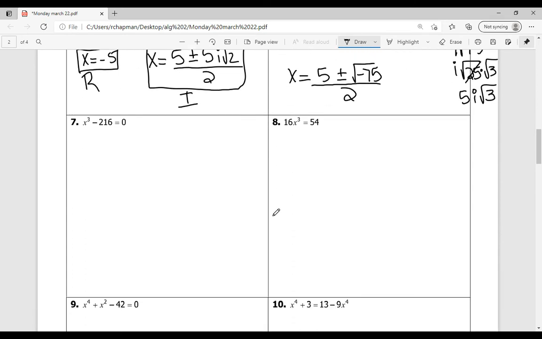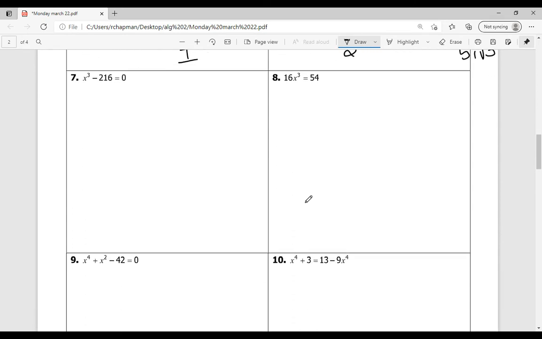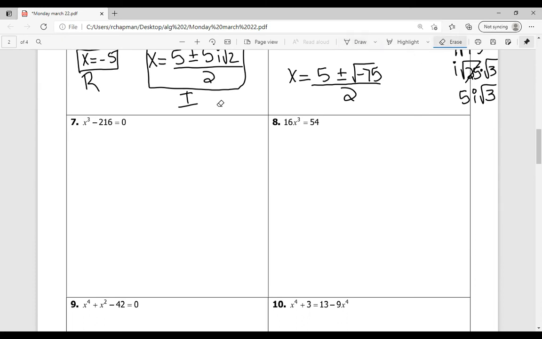All right. So number 7, just to have another cube, and I will remind you, this is a difference of cubes. So this is the a cube minus b cube that we talked about last week. So your binomial is a minus b because you're doing the difference.